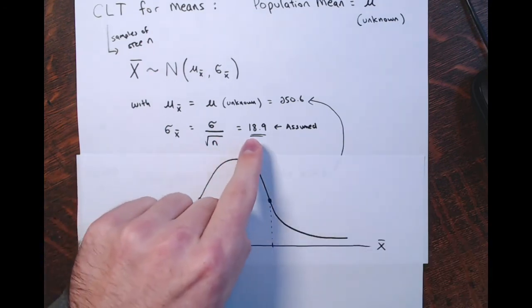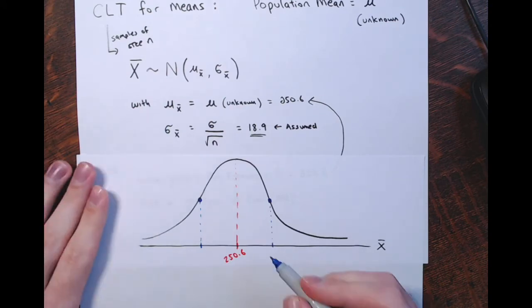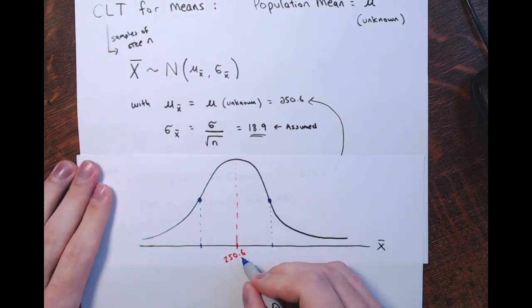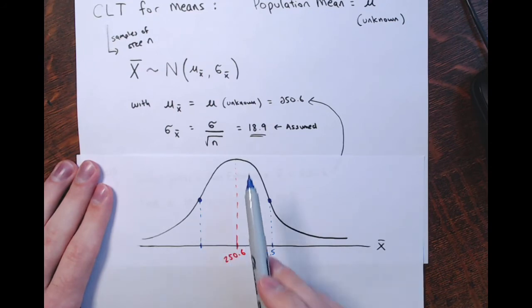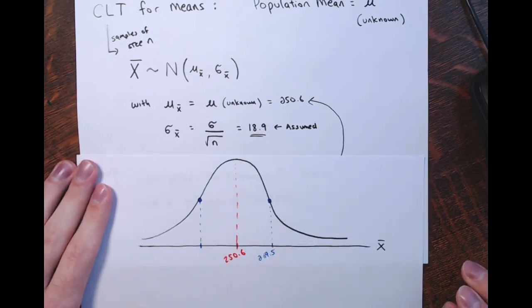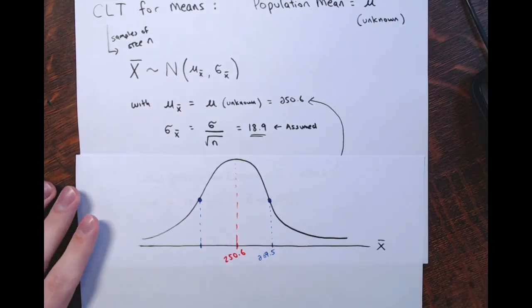The standard deviation for the x bar was 18.9, so 250.6 plus 18.9 is 269.5, 1 standard deviation above, and 250.6 minus 18.9 is 231.7.